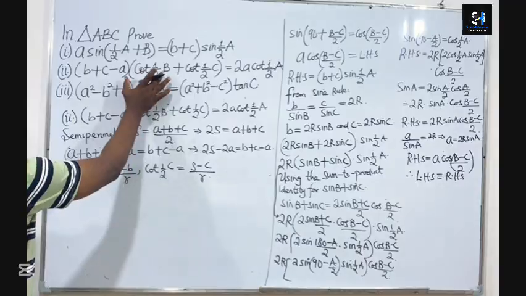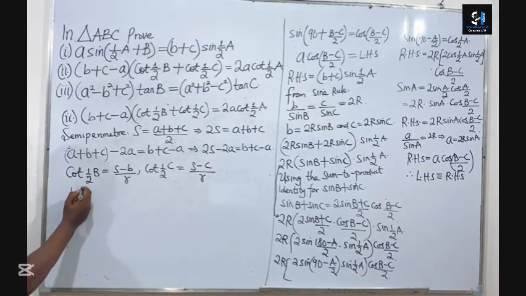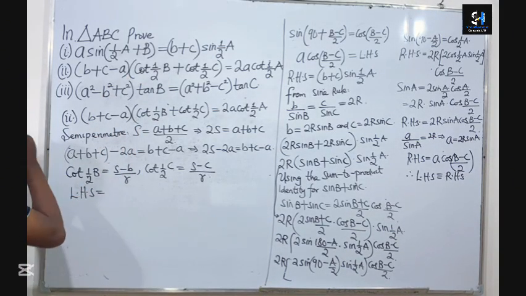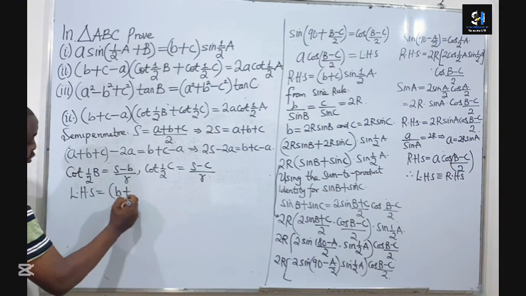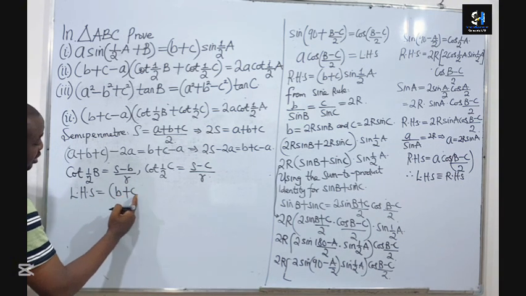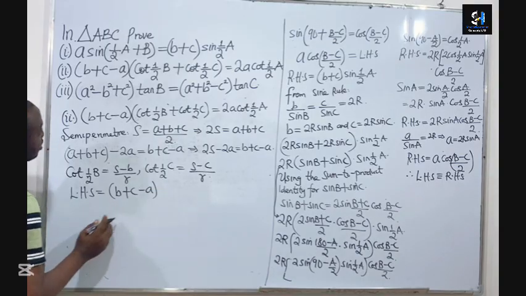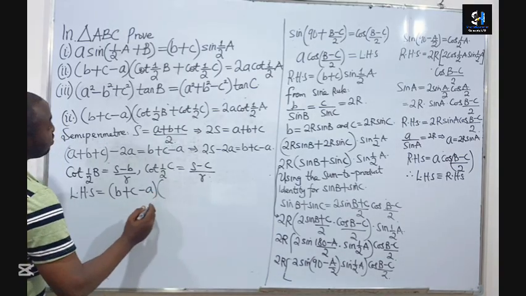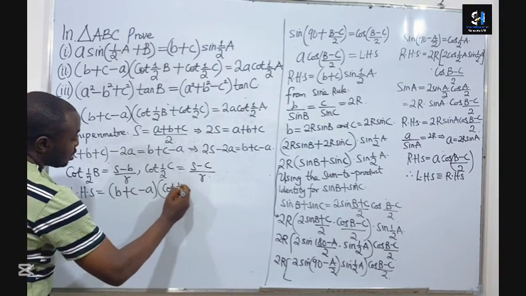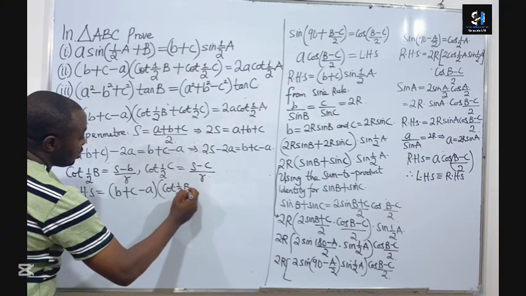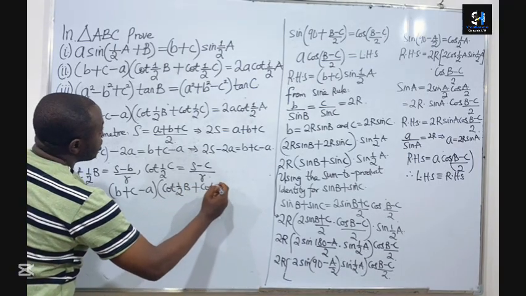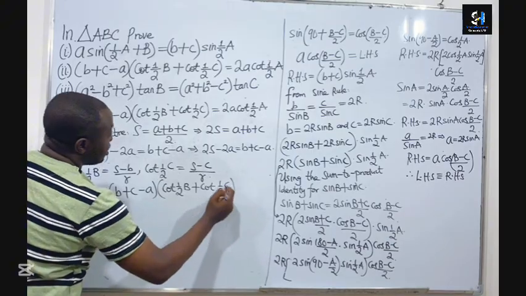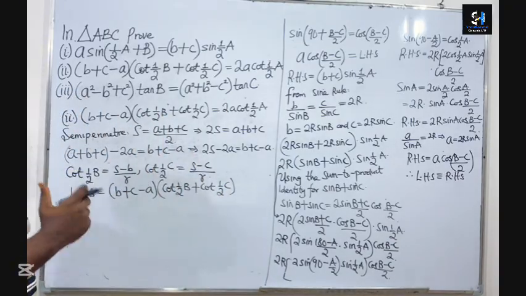So for Roman numeral 2, the left hand side is the sum of side B, side C minus side A, multiplied by (cot 1/2 of B plus cot 1/2 of C), which will be equal to 2A cot 1/2 of A?